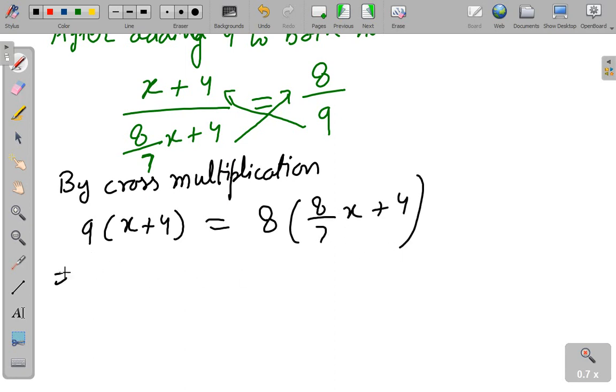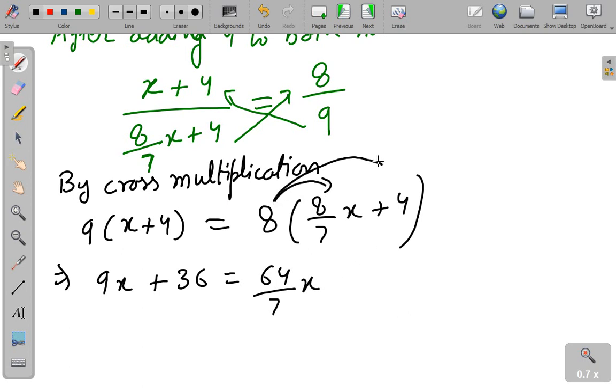So this is 9x plus 9 fours are 36. 8 will be multiplied with both the terms inside the bracket. 8 eights are 64 upon 7x. First 8 is multiplied to this, then 8 is multiplied to 4, plus 8 fours are 32.